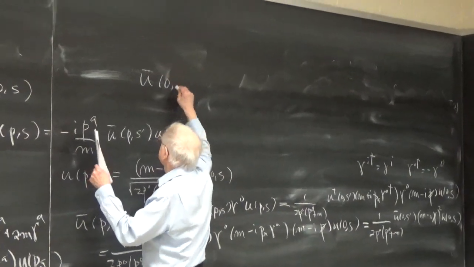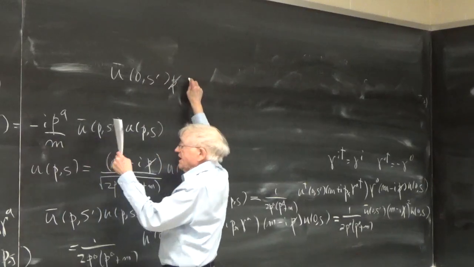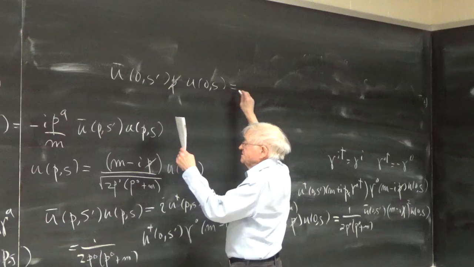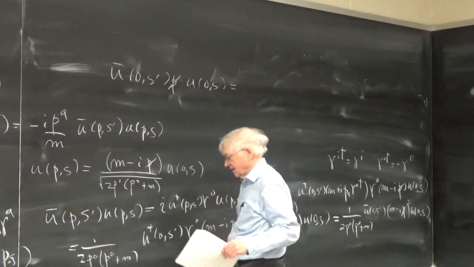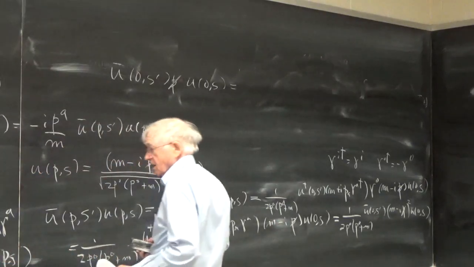U bar of 0 S prime, P slash, U of 0 S is then, well, let me write it the way I did in my notes. I think it's a little clearer.